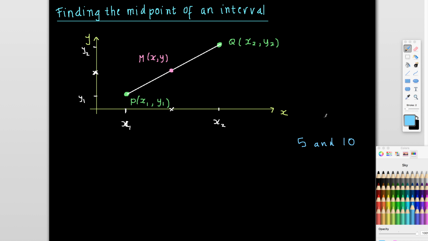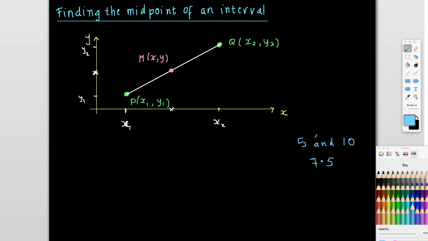Then you might split that distance in two. So the distance between this point and that one, I'll split in half, and then add it onto my first value. Some of you may not do that at all, but that's one of the ways I would look at it. The distance between 5 and 10 would be 5, and half of that is 2.5. So obviously the middle point must be 7.5.